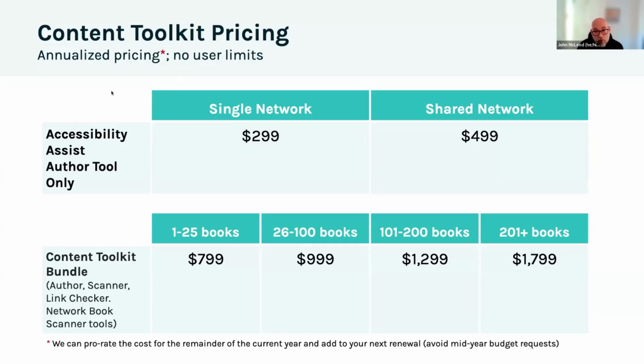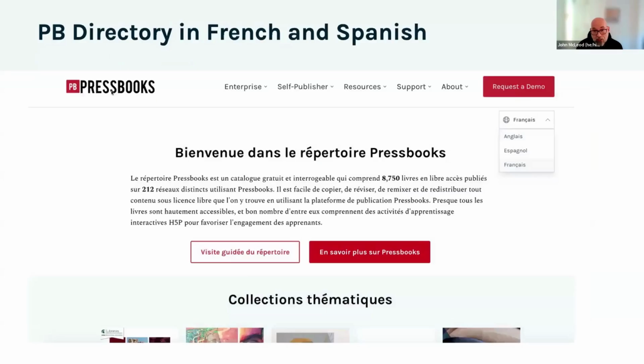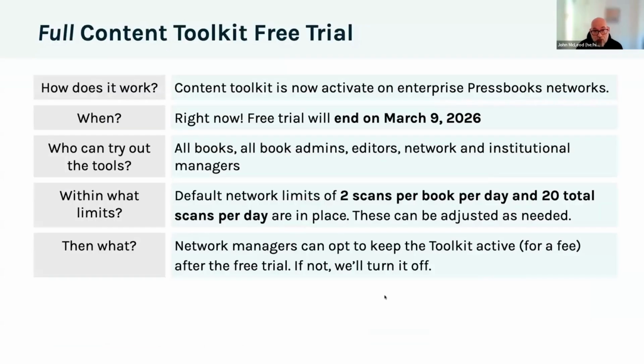On March 9th, we will be shutting down that free trial and turning off all parts of the content toolkit unless you have connected with us already. We're keeping track of who's contacted us and who wants to keep it on. Also, the Accessibility Assist author tool is going to stay on if you have previously subscribed to that.